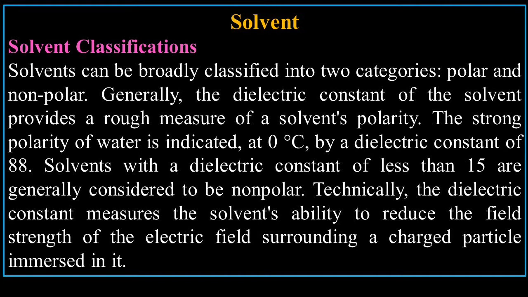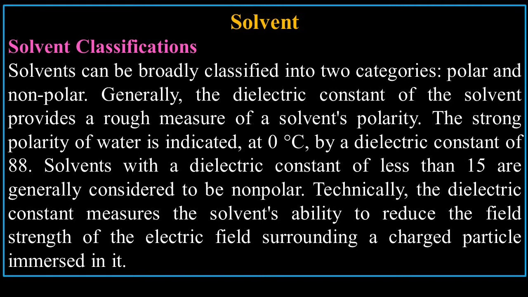Solvent classifications. Solvents can be broadly classified into two categories: polar and nonpolar. Generally, the dielectric constant of the solvent provides a rough measure of a solvent's polarity. The strong polarity of water is indicated at 0 degrees Celsius by a dielectric constant of 88.